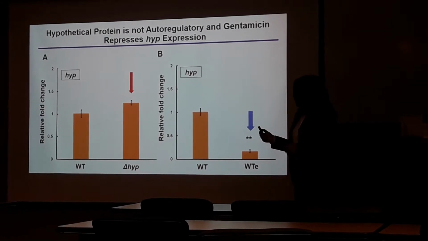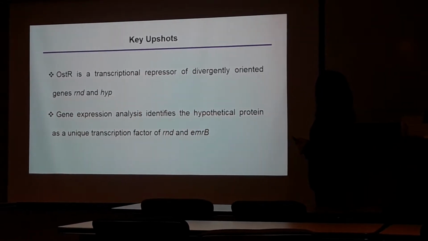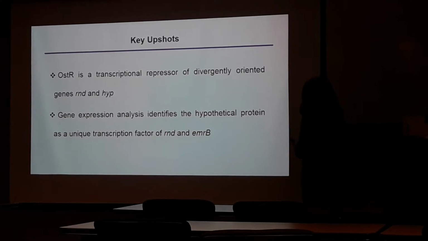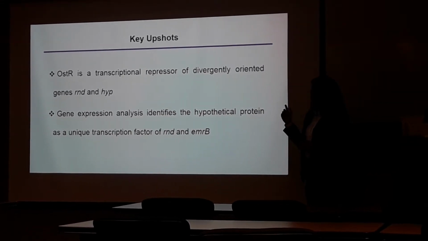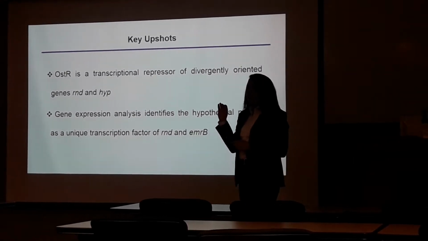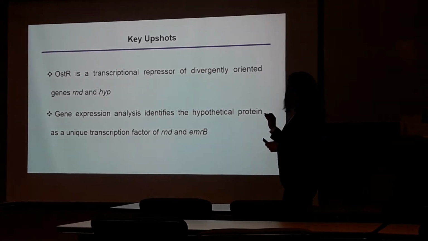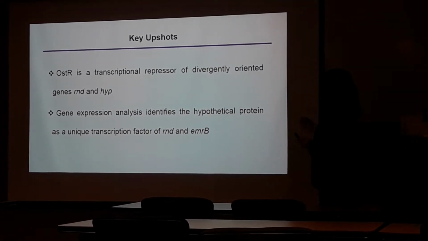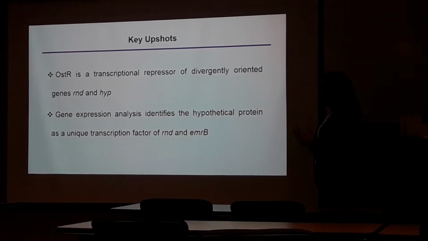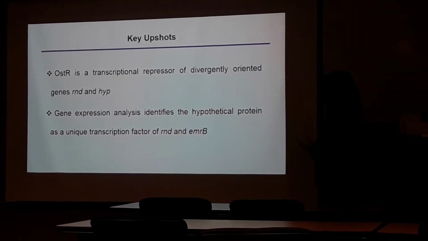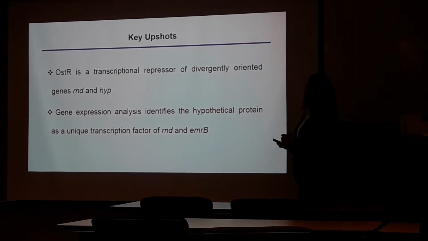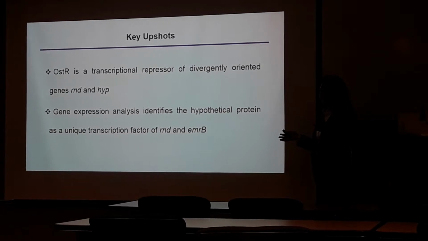So from this data, the basic takeaway is that OSTR is a transcription repressor not only for EMRB but also for HIP and RND. And the most exciting thing that we got from this gene expression analysis is that the hypothetical protein is a unique transcription factor which regulates RND and EMRB.